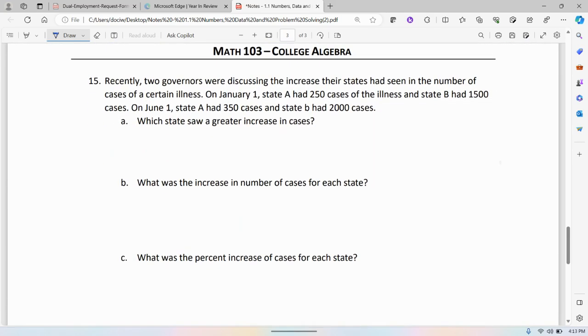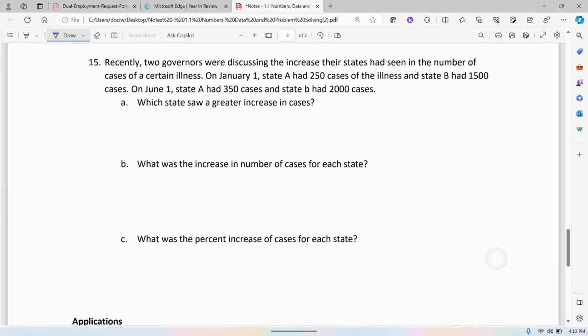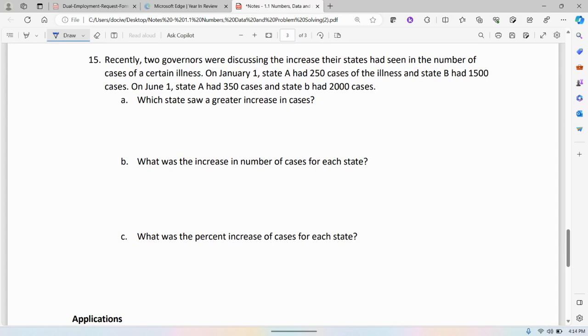So here's a case. Recently, 2 governors were discussing the increase that their states had seen in the number of cases of a certain illness. January 1st, State A had 250 cases. State B had 1,500 cases. On June 1st, State A had increased to 350 cases, and State B had 2,000 cases.